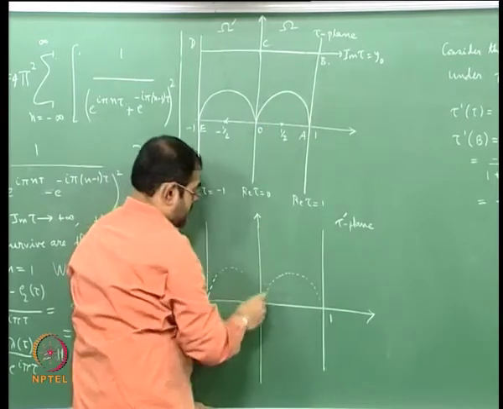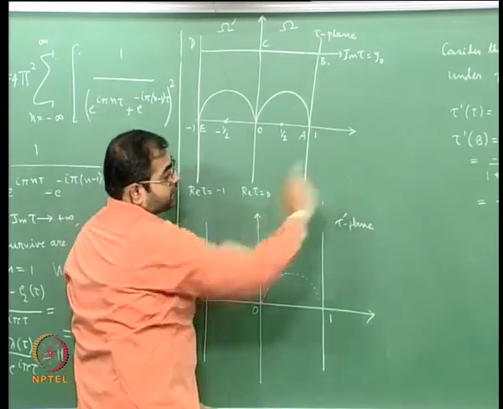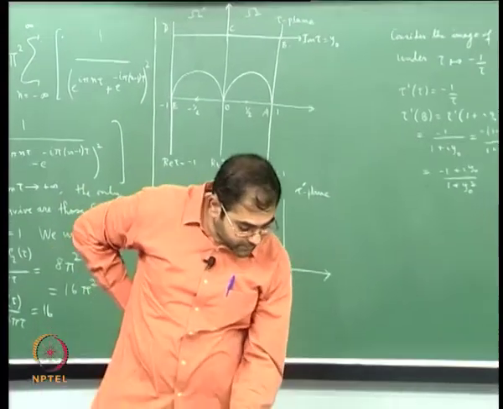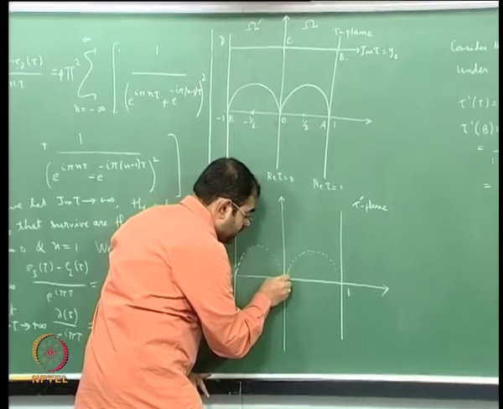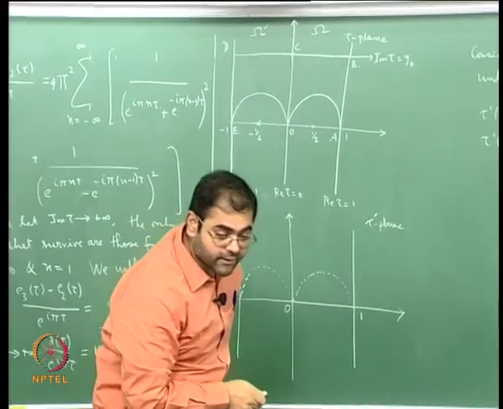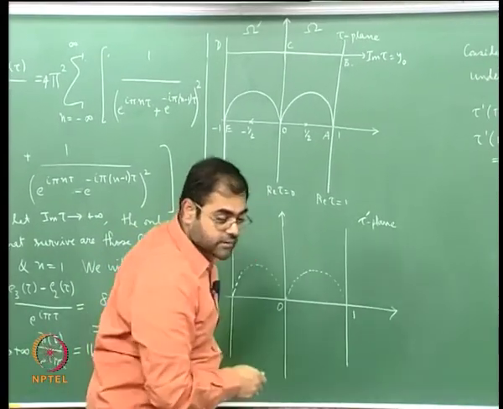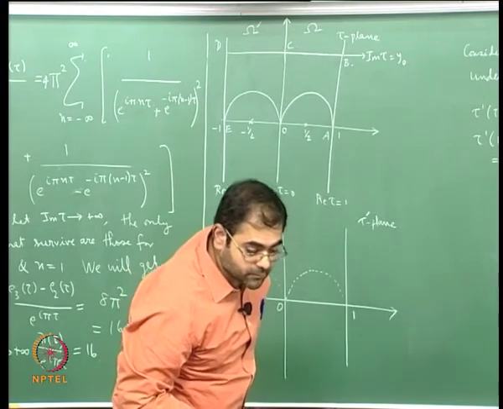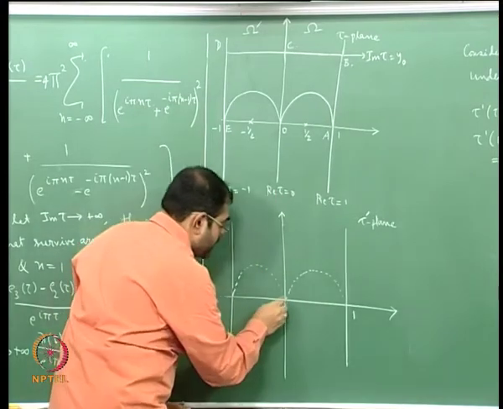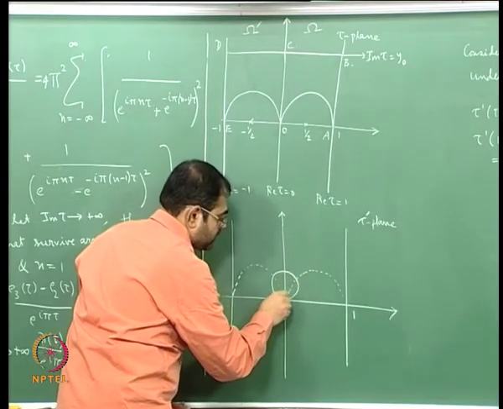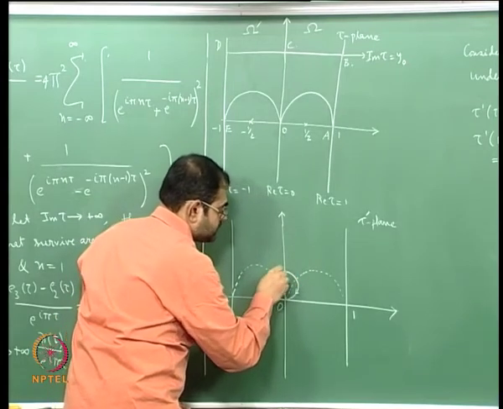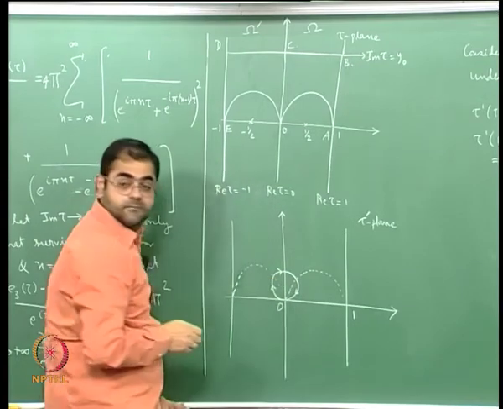under this map is going to be a circle here, and let me draw it with the correct orientation, then I can explain to you B to C. So it's going to be a circle like this. This is what I'm going to get, okay.